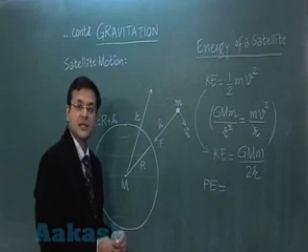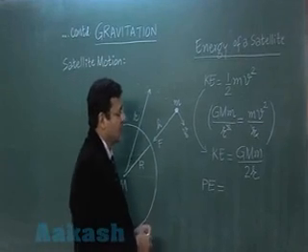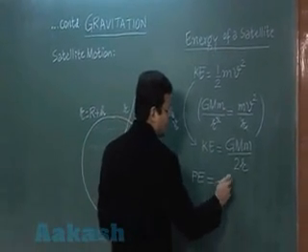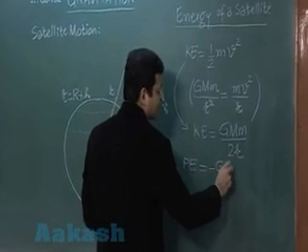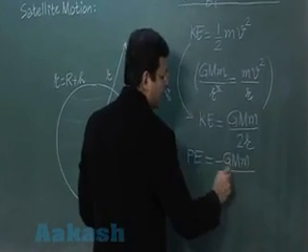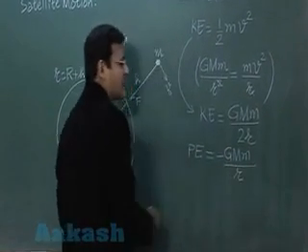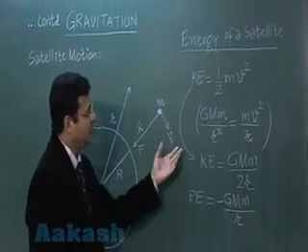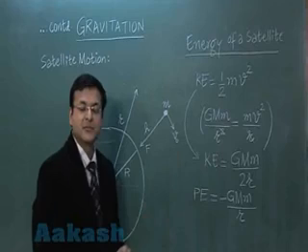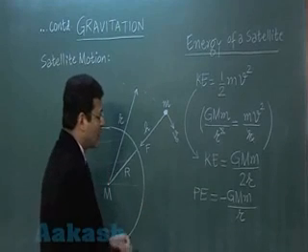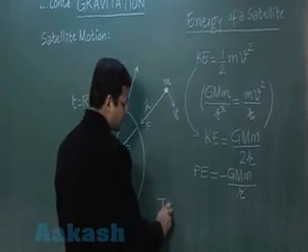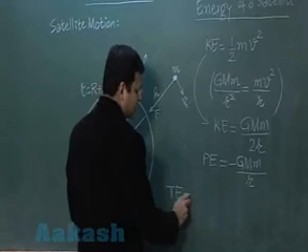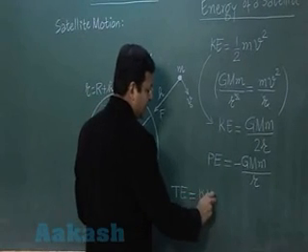Then you had seen the gravitational potential energy expression was given as minus G capital M small m upon small r. This was the expression for potential energy of a satellite. And if you add these two, then it becomes the total energy of the satellite. So total energy, in case you write down, becomes the sum of the kinetic energy and potential energy.